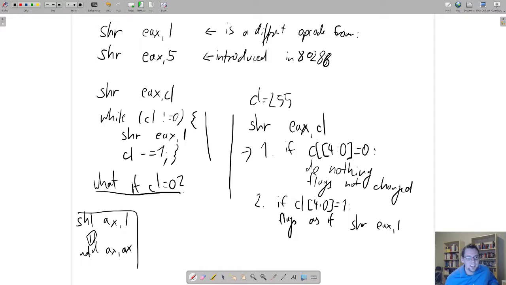This variant here, they're just garbage. After this, they're not set in any useful way. So Intel always said that if you do this, for any count other than 1, the carry bit is set, but the overflow bit is garbage.